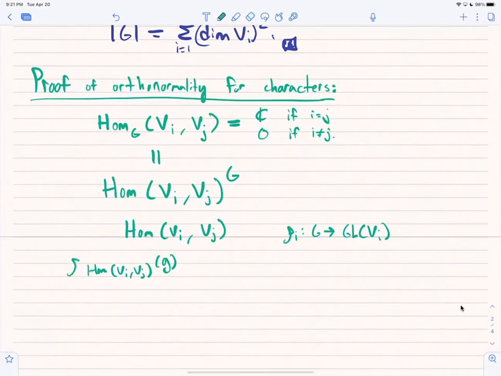So yeah, this stacks up a little bit, so it gets a little bit confusing if you're not thinking carefully. But I'm saying the space of homomorphisms from VI to VJ is naturally itself a representation.